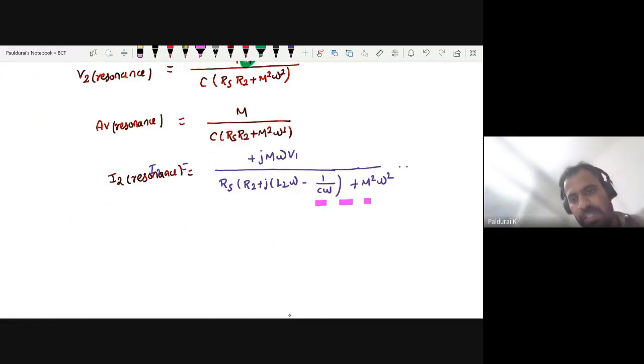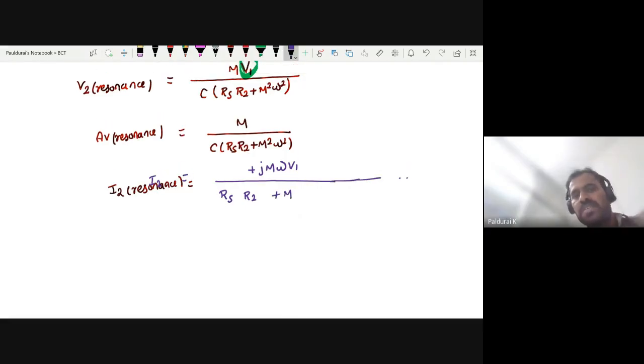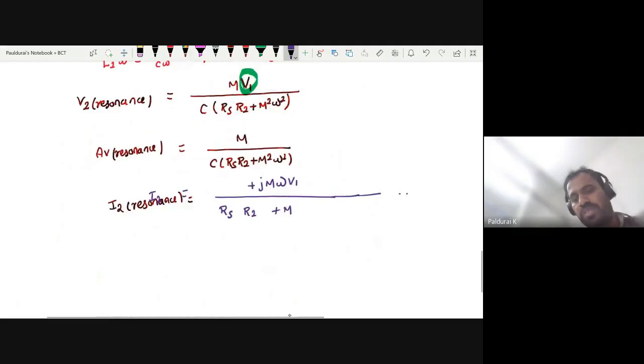If you make this one 0, then what will happen? Rs R2 plus m squared ω squared. So this is I at resonance.